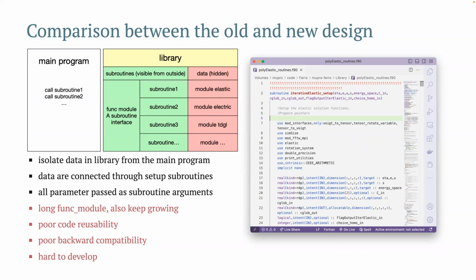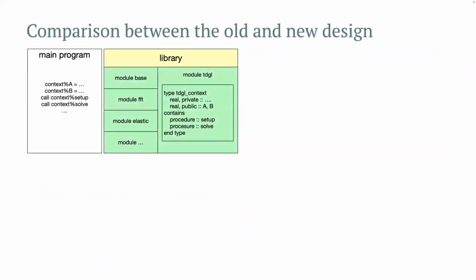Okay, so with these problems in mind, I propose a newer design for our library. This is the look of our new library, and you can see that instead of having individual subroutines, I group different functions into their own modules.